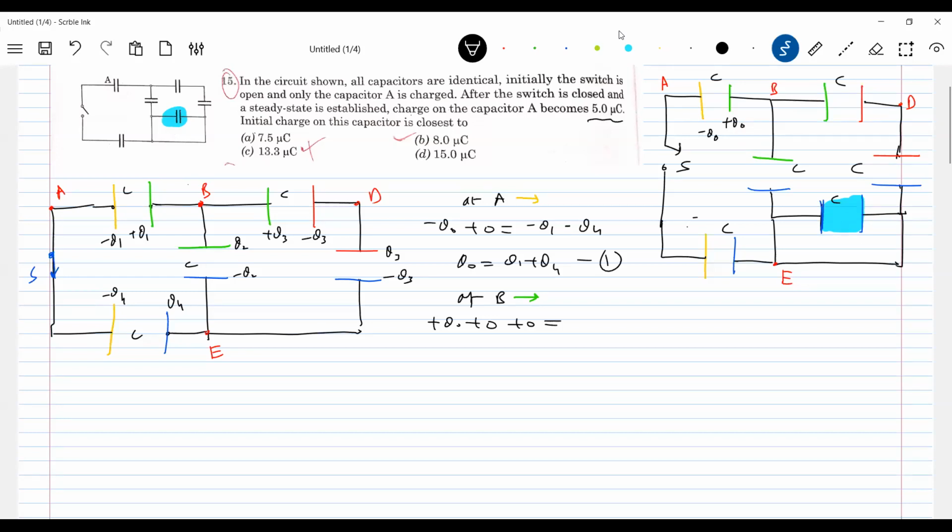Now at B, plus Q naught, 0, 0. This should be equal to plus Q1 plus Q2 plus Q3. So Q naught equal to Q1 plus Q2 plus Q3.